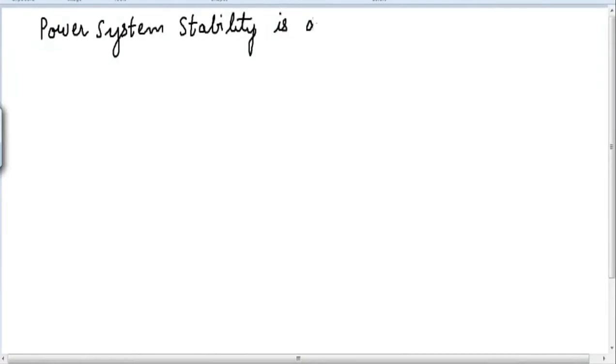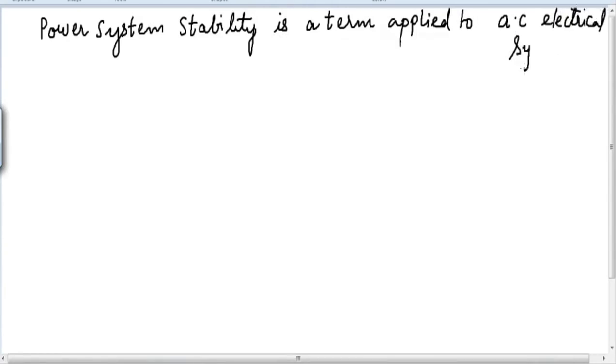It is a term which is applied to AC electrical systems only. This we should remember.